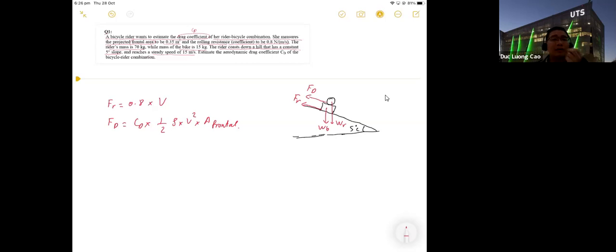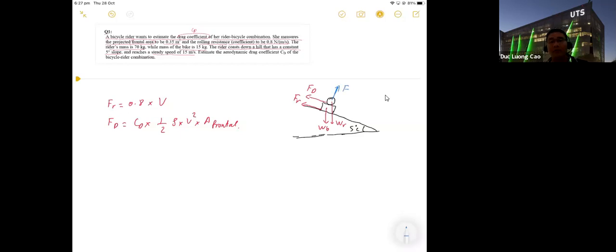And the rider moves down at a steady speed, 15 meters per second. It means the downward force is equal to the upward force. Actually, in this case, we have the force from the ground applied to the rider and bicycle.